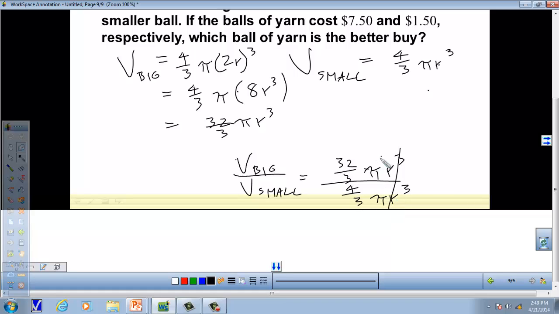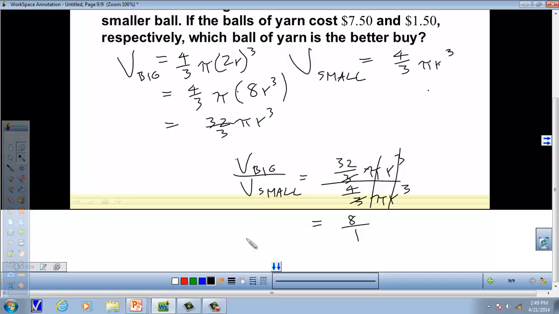The r cubes cancel, the pi's cancel, and actually the 3's cancel. So what we can do is look at it and say it's 8-to-1. So in other words, by doubling the radius, we've made it 8 times more. The volume is 8 times bigger.